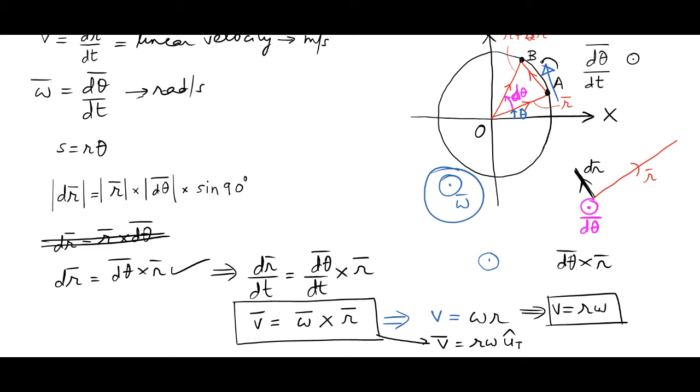So you have to assume that there is a unit vector in the forward direction, meaning in the direction of motion, and that you call u t cap for tangential. So all you do is you take this r omega, which is a scalar, and you multiply it by u t cap to convert it into a vector. It is essentially the same relation, no different. It's a vector relation which gives you the value of v bar.